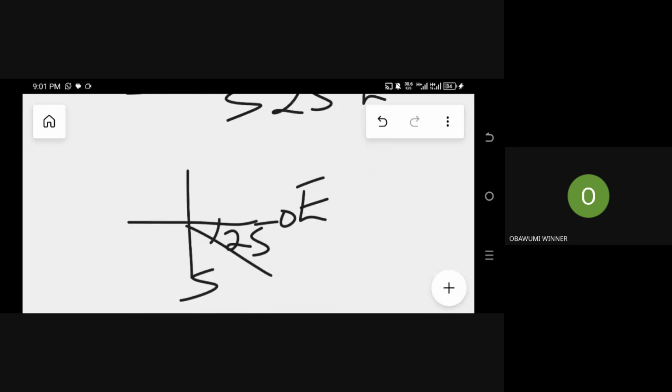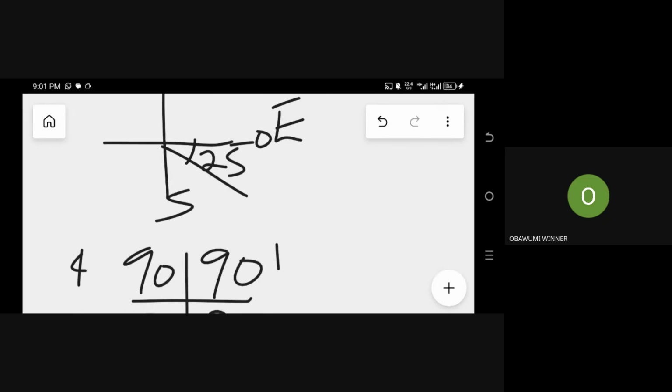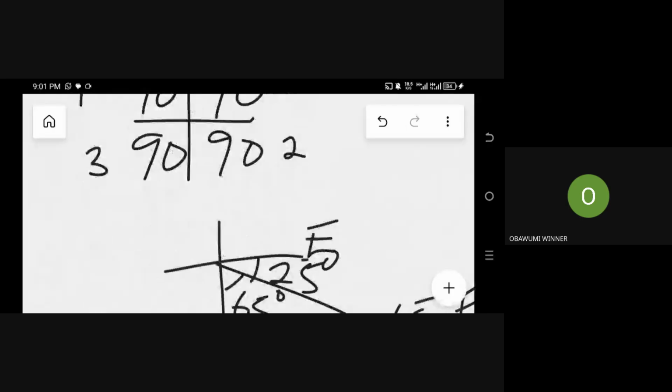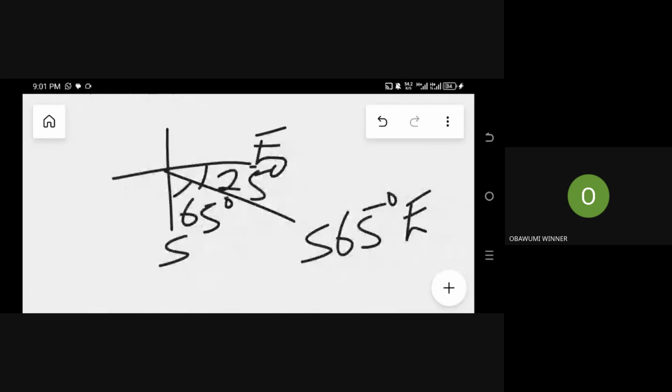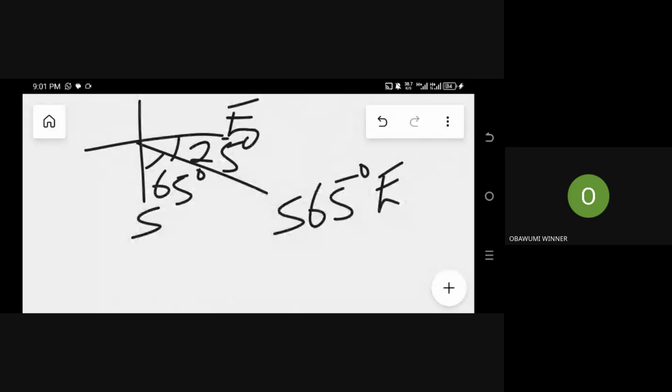But for this one, the 25 degrees wasn't touching the south. So what we had to do was to look for that balance that will be touching the south to complete the 90 degrees. And when we looked for the balance, we got 65 degrees. And then we said the correct compass bearing is south 65 degrees east.